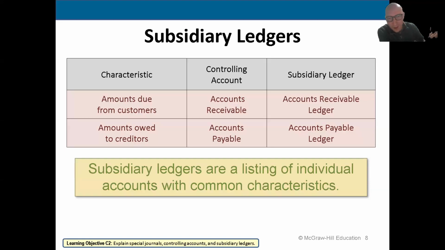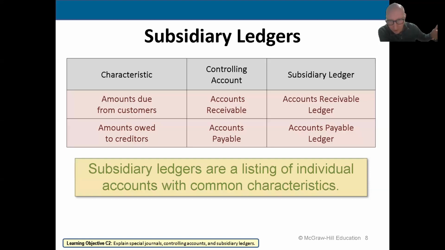So within accounts payable, I have my subsidiary accounts payable ledger, which shows all of the individual bills that I have not yet paid. I got the utility bill. I got my supplier's bill. I got multiple suppliers' bills, right? Add them all up together, and that's the total amount of accounts payable on the balance sheet.